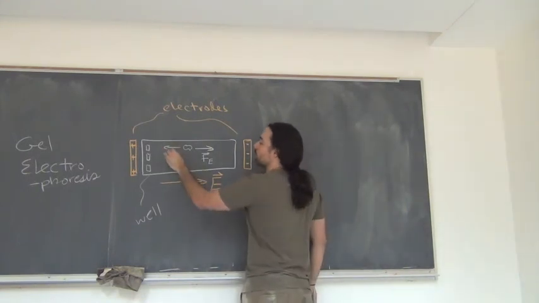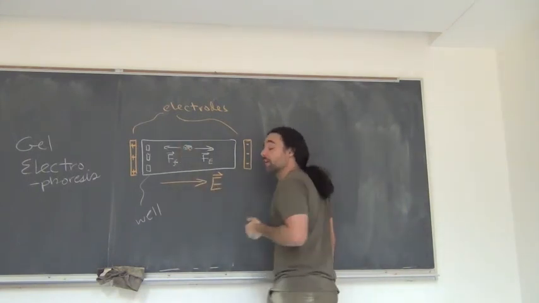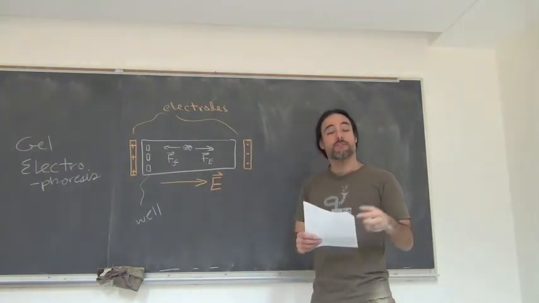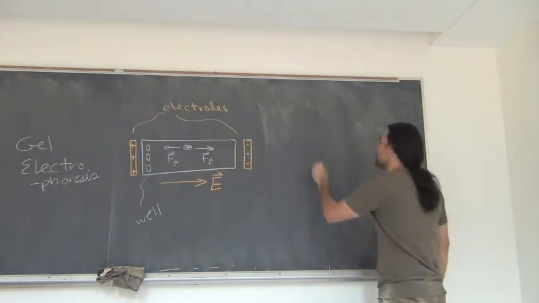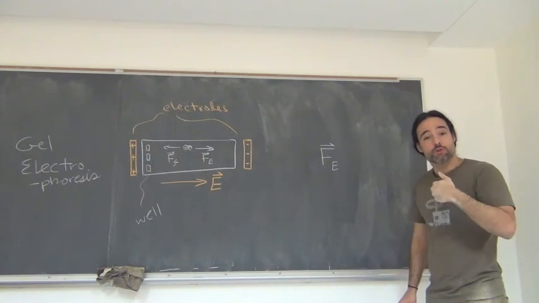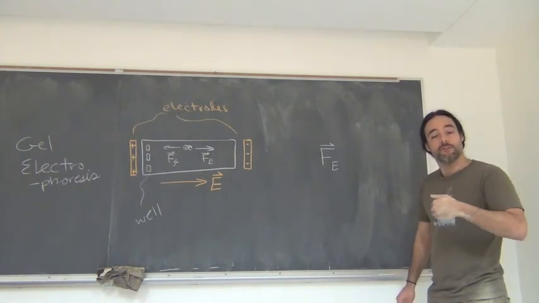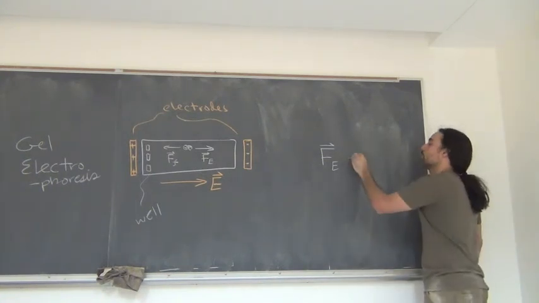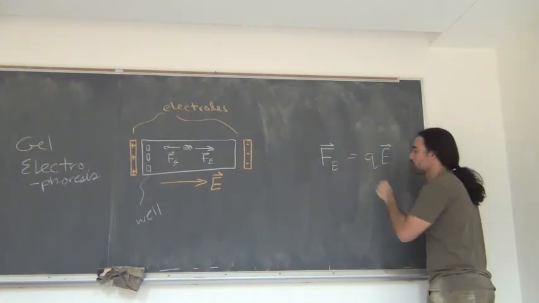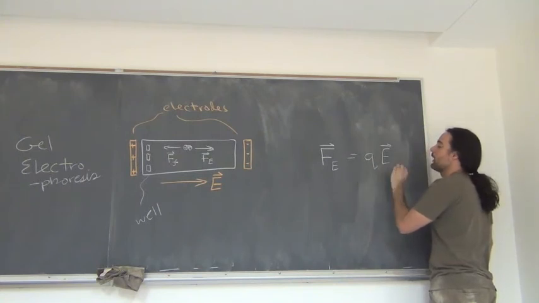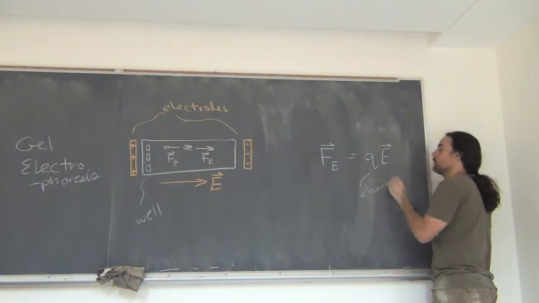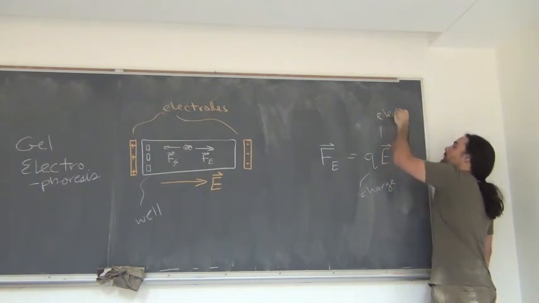So what's going to happen is your molecule here is going to experience two different forces, one of which is some electrostatic force, which can be written, again, using our mantra. We've said that charges create fields, and then fields create the forces on other charges. So we can just write the force on that molecule as equal to the charge of the molecule times the electric field.